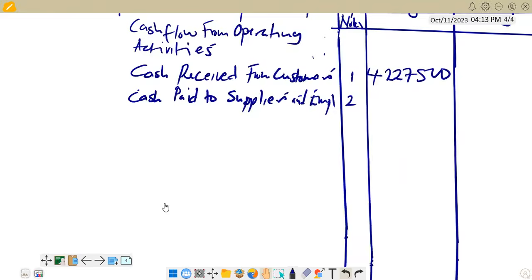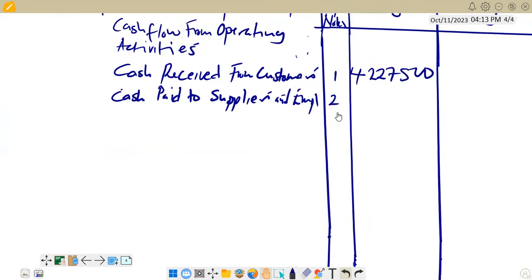On the cash flow statement now, the cash paid to suppliers is the figure that we calculated there, and we got 3,363,550. And we found it as a negative figure.